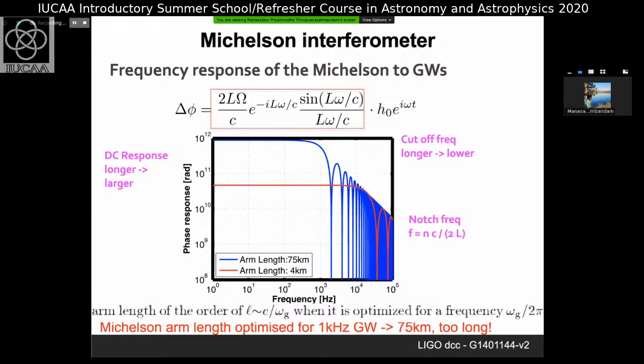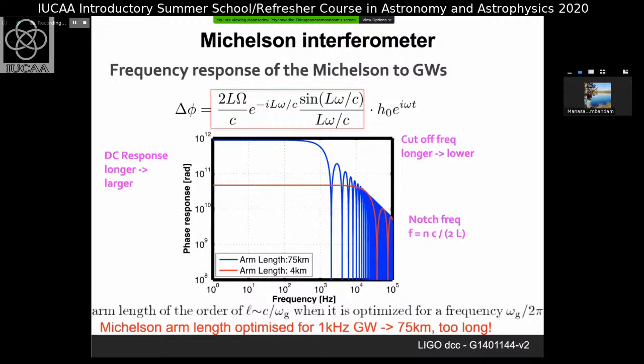If it is long compared to the storage time of the Michelson interferometer, where a longer storage time means a longer arm length, then the absolute value of this response boils down to the first parameter you see, 2 omega L by c. This means that the phase change the gravitational wave causes is proportional to the baseline length of the interferometer. So as you increase the length of the interferometer, you're more sensitive to the gravitational wave.